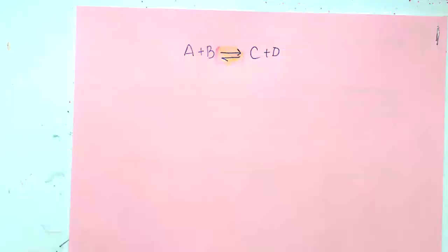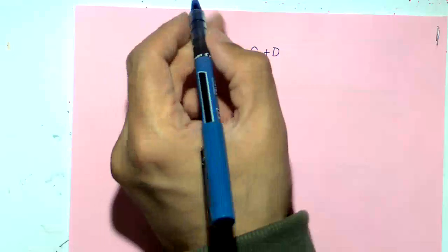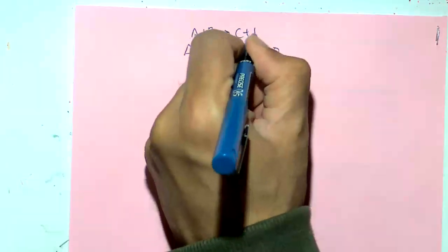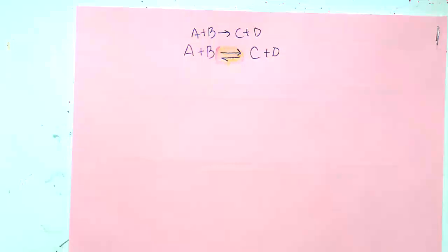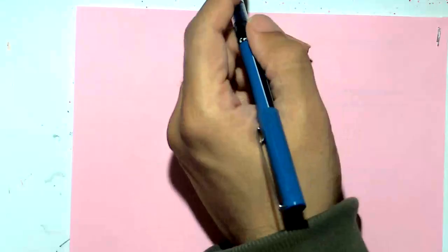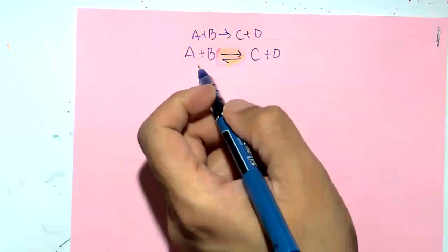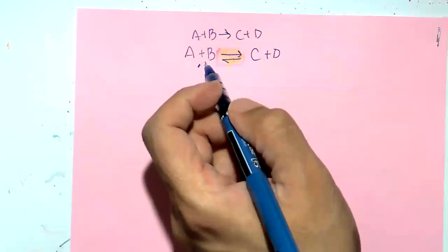For those of you that saw the lecture videos, we talked about this being equilibrium as opposed to this, which just goes to C and D. Here, it goes to C and D, but some A and B are left over.